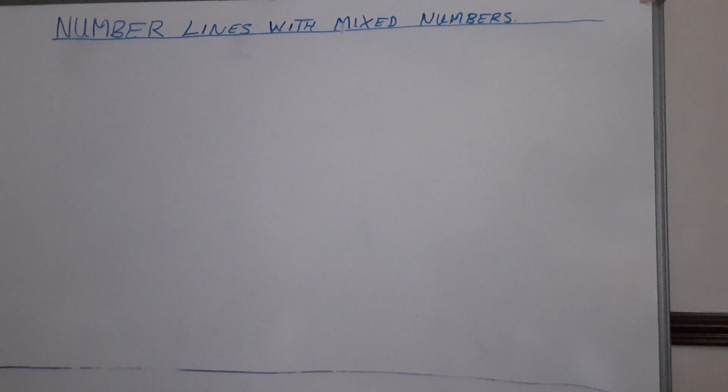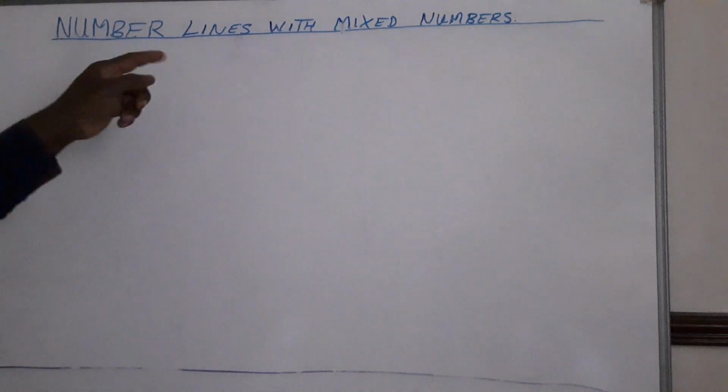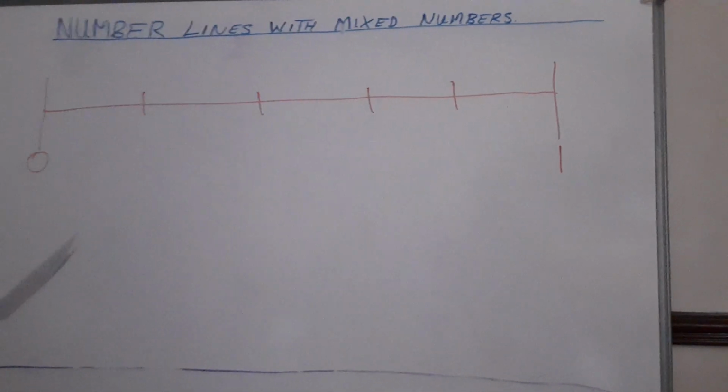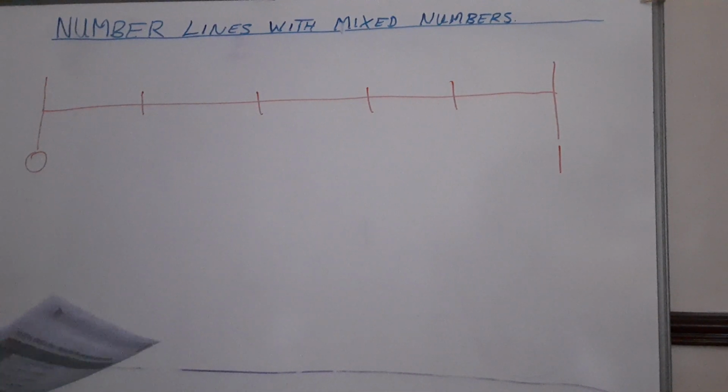Today's lesson, we're going to learn about number lines with mixed numbers. Right, so if we are told to find or complete the number line, what do we have to do?